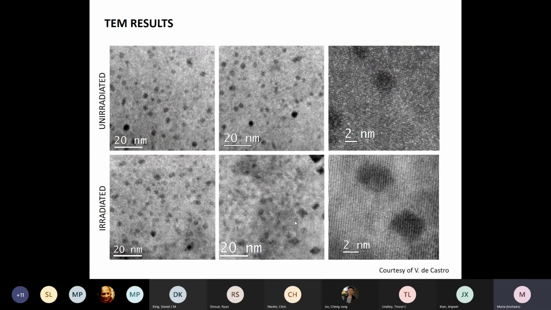This is something that we are currently looking at. It may be related to the coherency between the precipitates and the matrix, and we are not sure about the mechanical implications that it may have. As I say, it's work in progress, but it's something that is there.